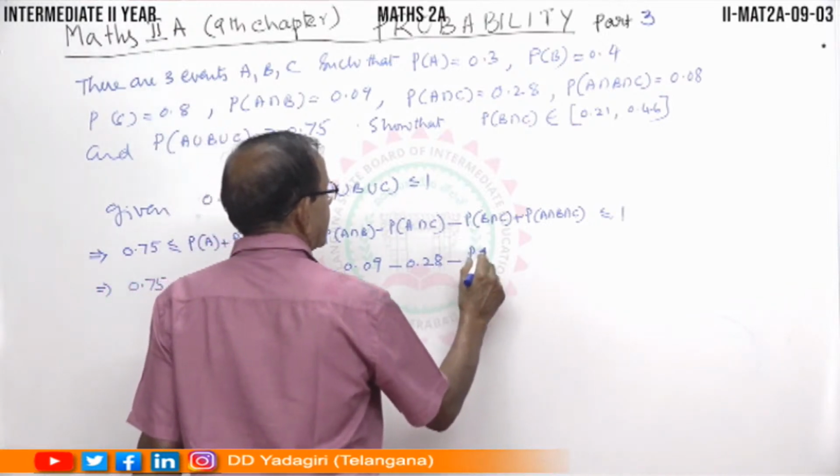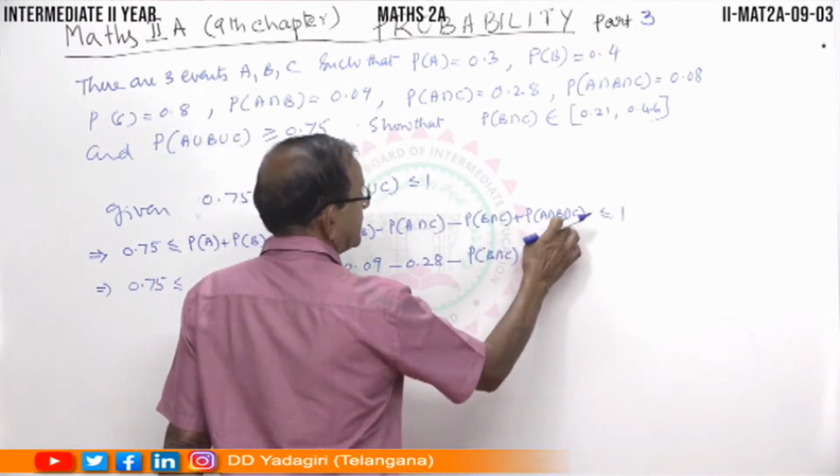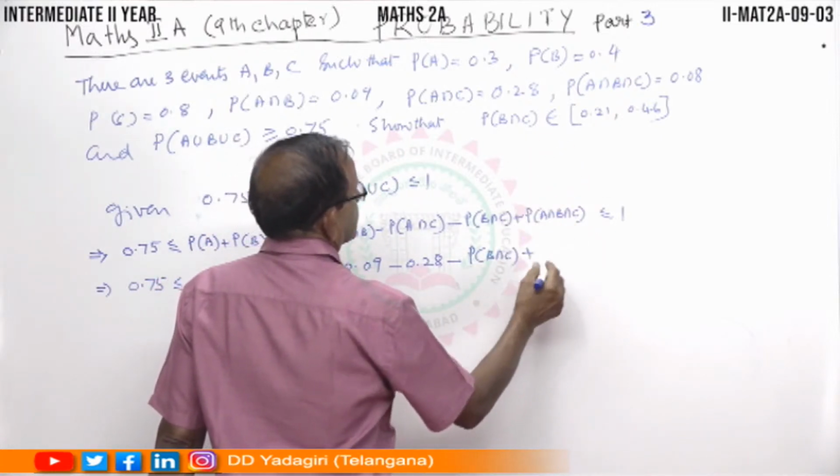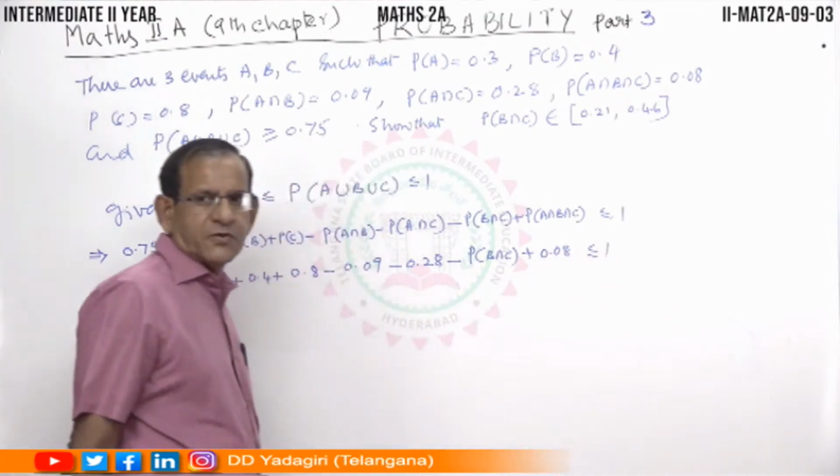P of B intersection C is not given, but P of A intersection B intersection C is given as 0.08. The sum is less than or equal to 1.